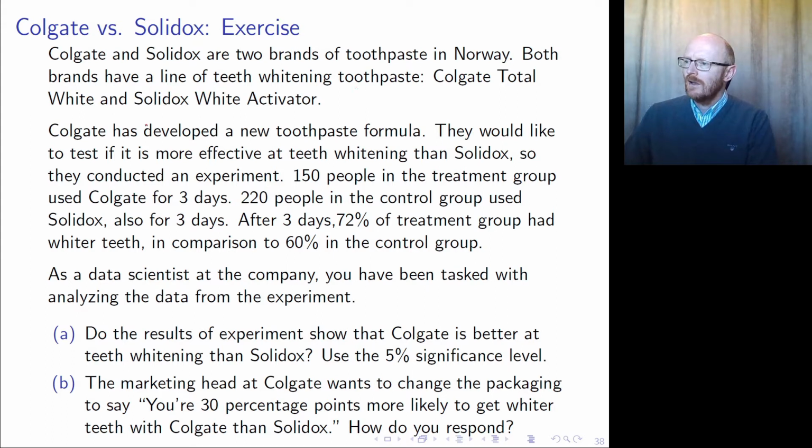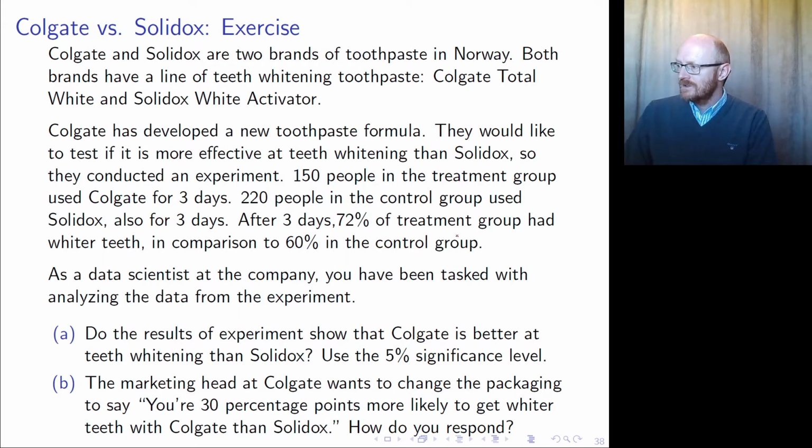Colgate has developed a new formula, and they would like to know whether or not it is more effective than the competition, Solidux. They have 150 people in the treatment group who use Colgate for 3 days, and 220 people in the control group who used Solidux. We just assume that these people are picked at random. Otherwise, we are in trouble.